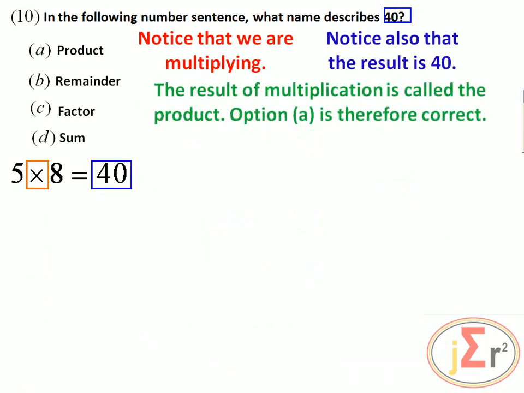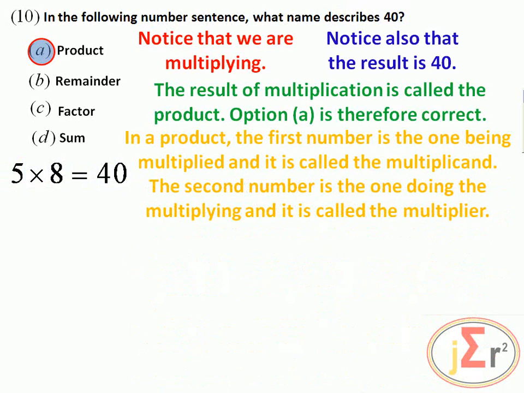The result of multiplication is called the product. Option A is therefore correct. So the result of multiplying is the product, and 40 is the result of multiplying 5 and 8. Therefore, 40 is the product of 5 and 8. A is correct.